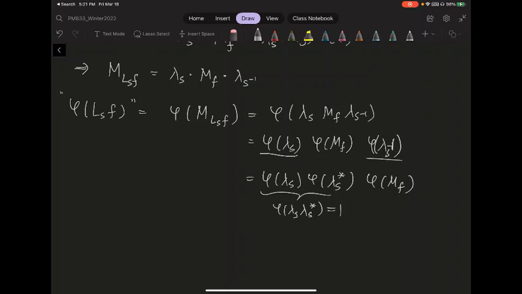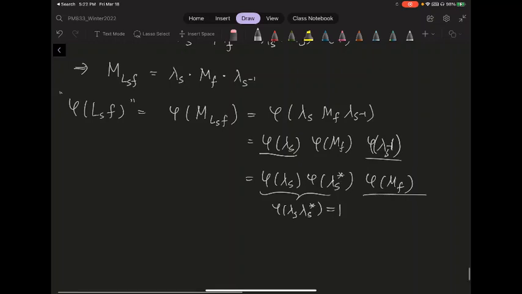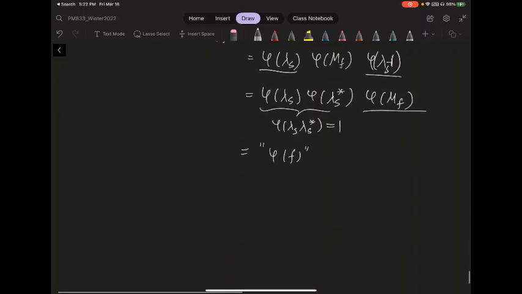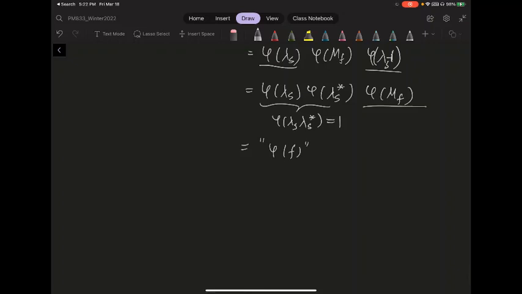So in the end, this is just going to be equal to phi of m_f, but that's just how we define it as phi of f, okay? So this phi is going to be a left invariant mean on G, so your G is amenable by definition. So phi is a left invariant mean, and therefore your G is amenable, okay? So this finishes this whole cycle of these equivalences.